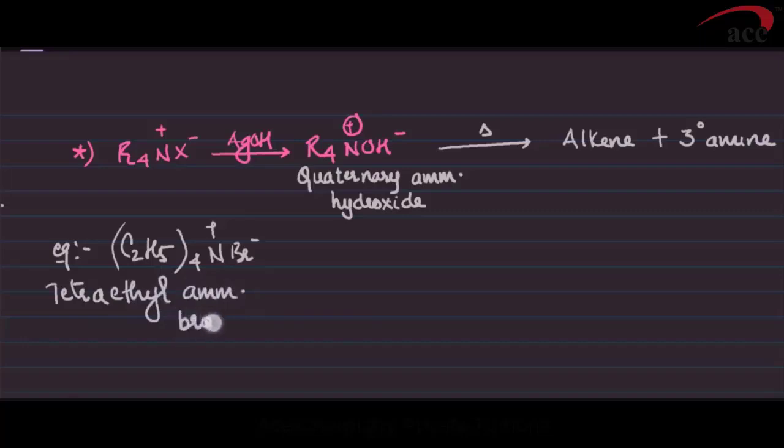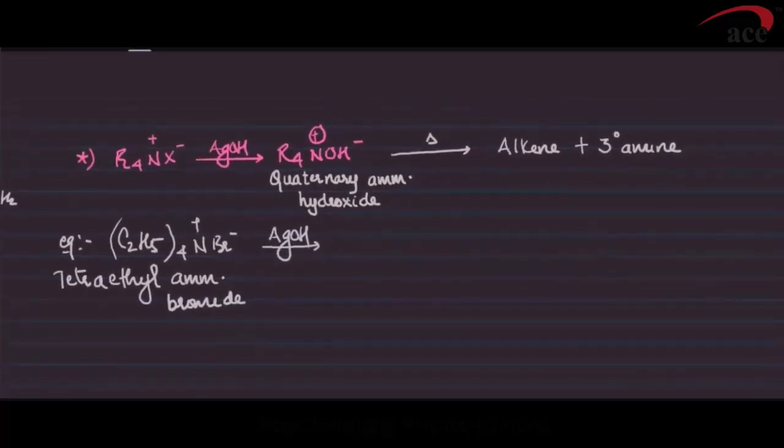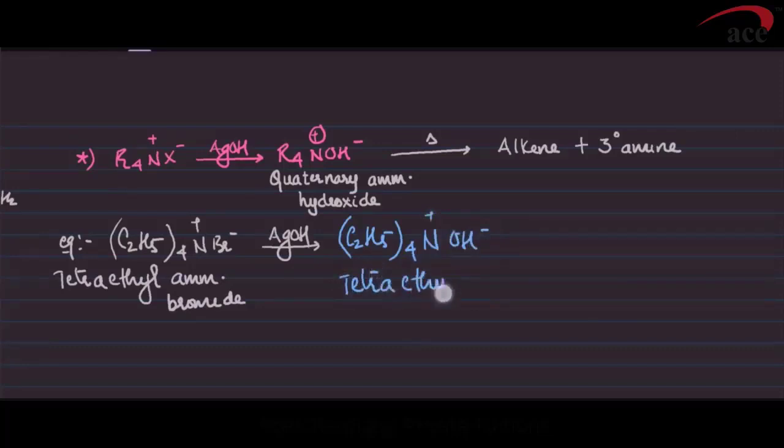Tetraethyl ammonium bromide is treated with AgOH, moist silver oxide, and the product is (C2H5)4 N plus OH minus. We call this tetraethyl ammonium hydroxide. Tetraethyl ammonium hydroxide on strong heating.